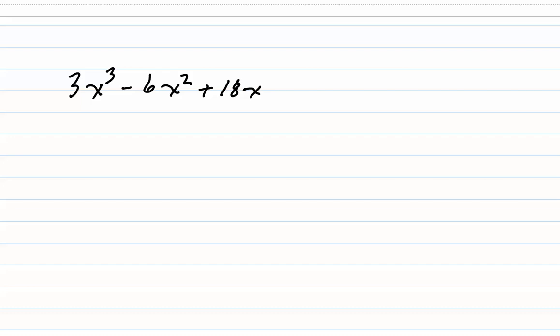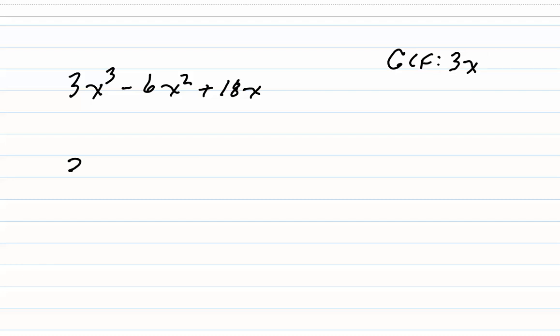The last example will again be a greatest common factor. So if we look at each term, the 3x cubed minus 6x squared plus 18x, the common factor with the coefficients is 3. And what's common with x, or the variable, is x.